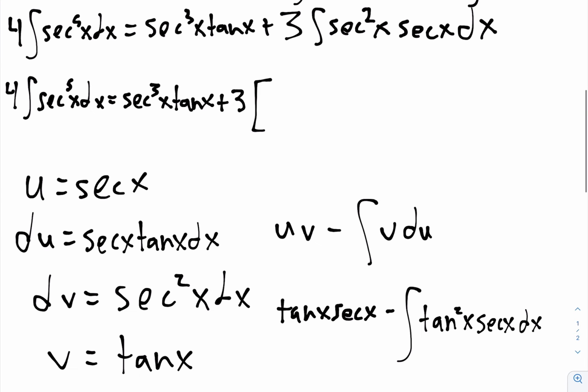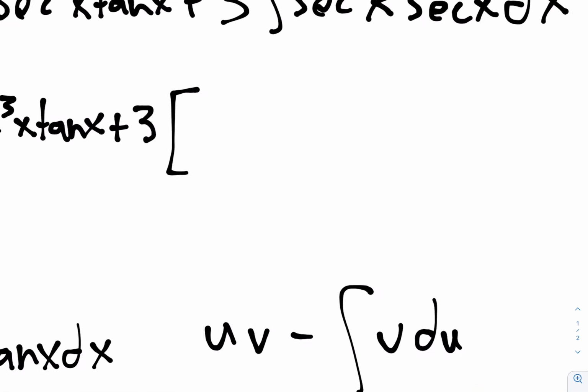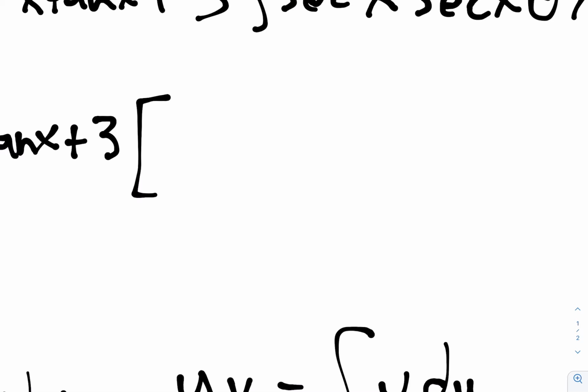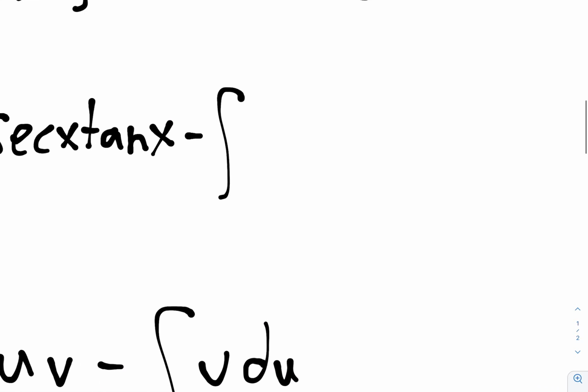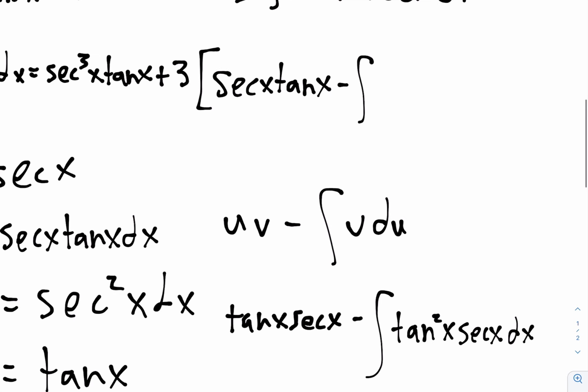So up here, instead of the integral of secant cubed x, when you expand that in, we're just going to write this expression right here. So it's going to be plus 3 times this whole integral, which we figured out was secant x tan x, right, minus the integral of, sorry, that's going to be, we said it was tan squared, right?